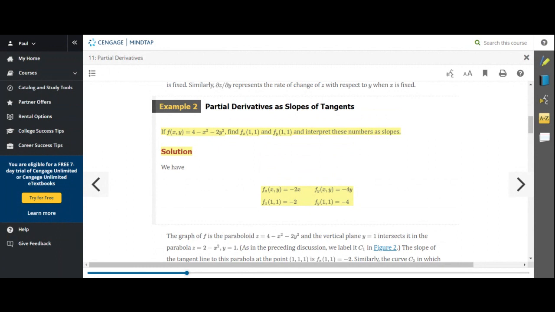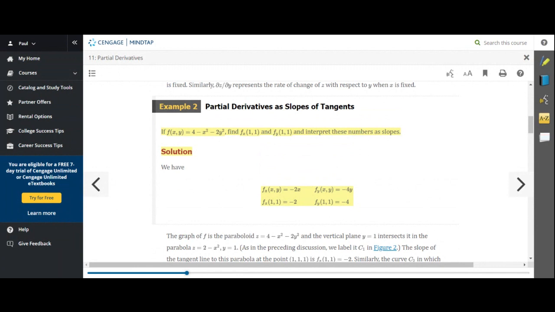So when x is 1 and y is 1, the partial derivative, and remember, by the way, you can click on the screen twice if you want to enlarge what you're seeing on the screen.